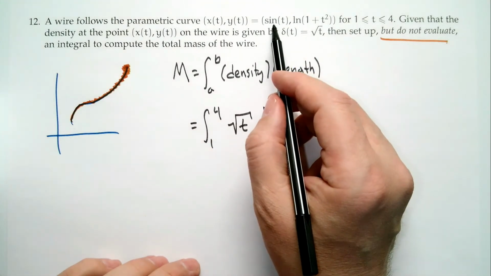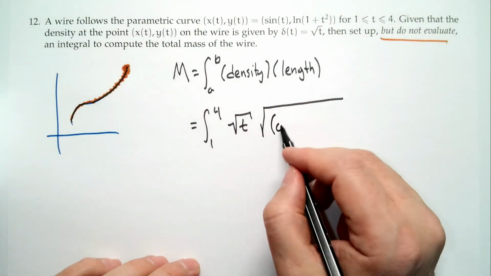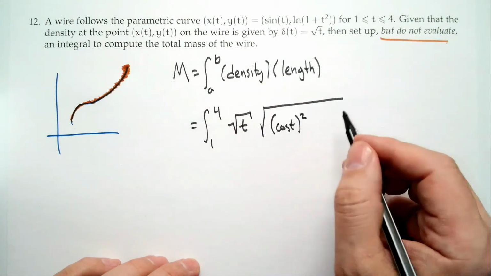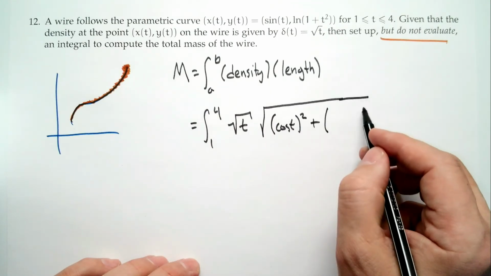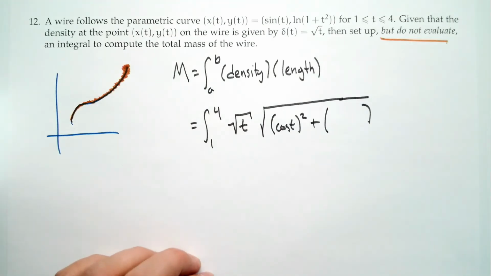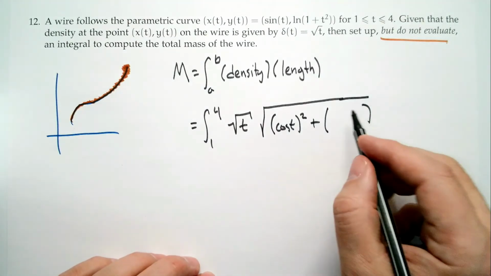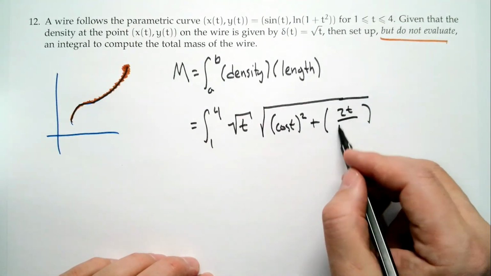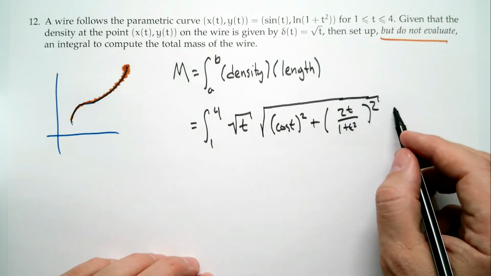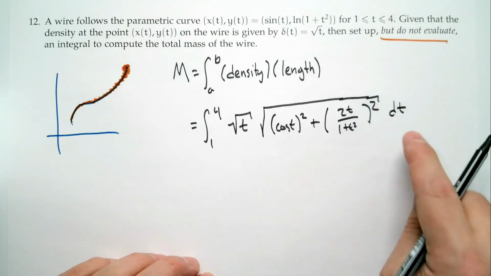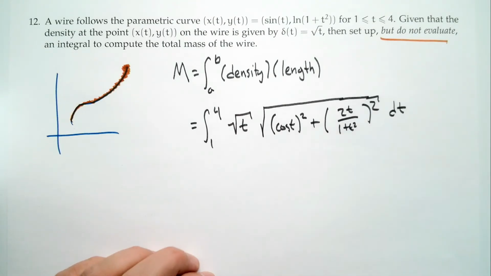Our x prime, derivative of sine, cosine, squared, plus, take the derivative of log of 1 plus t squared, which is, what is that? 2t over 1 plus t squared, squared, and dt. dt is part of the length formula.